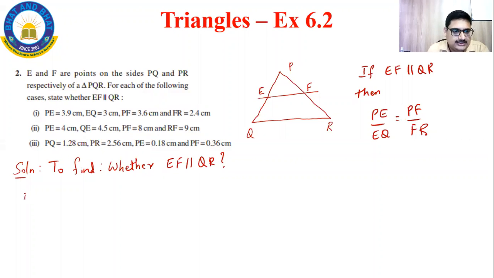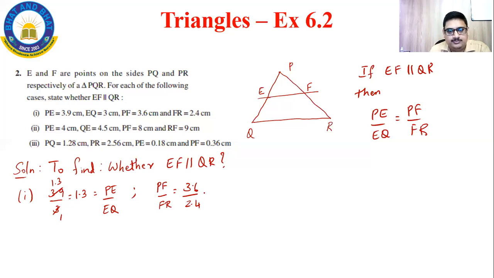Is that clear? So let us check with the first part. See, PE is given to me. So how much is PE? 3.9 divided by EQ. EQ is 3. So if I find this, 3 ones are 3, 3 threes are 9, so 1.3. So this is nothing but my PE divided by EQ. Similarly, I will find PF divided by FR. What is PF? PF is 3.6. What is FR? FR is 2.4. So what cancellation can I do? 2 ones are 2, 2 twos are 4, 2 eights are 16.